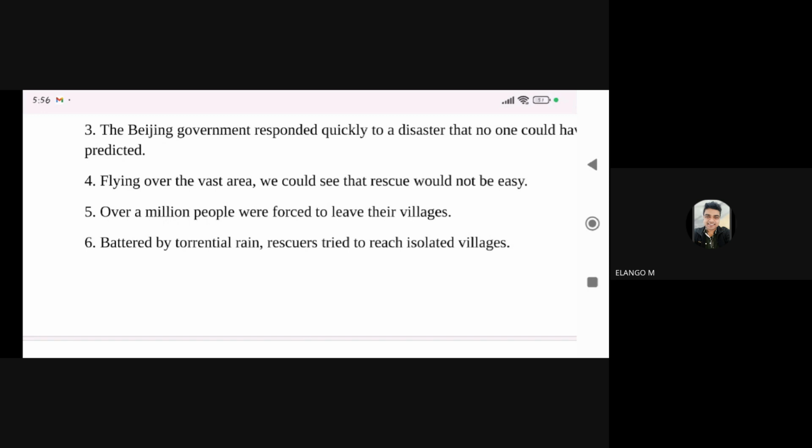Is it noun, adjectival or adverbial? Adverbial, because it's giving you the reason, battered by torrential rain, rescuers tried to reach isolated villages. Adverbial, correct.